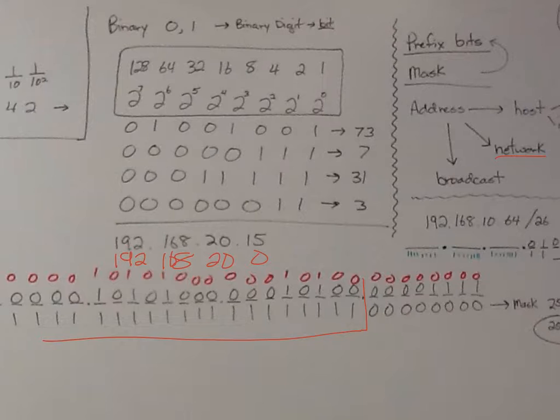Okay, and the broadcast would be if you had all ones here. So that would be 192.168.20.255. All right.